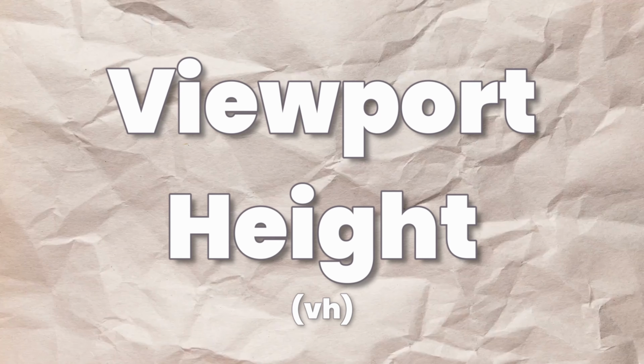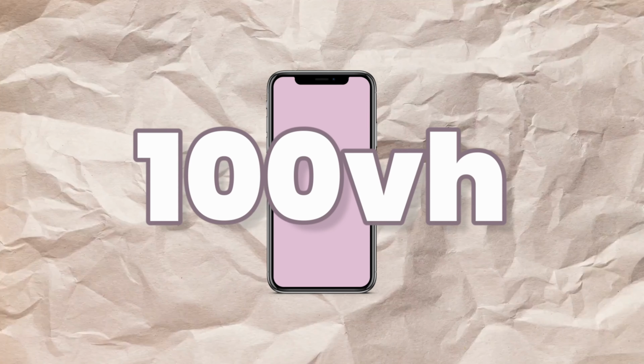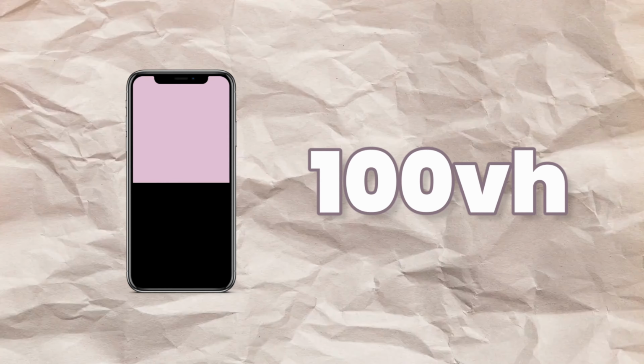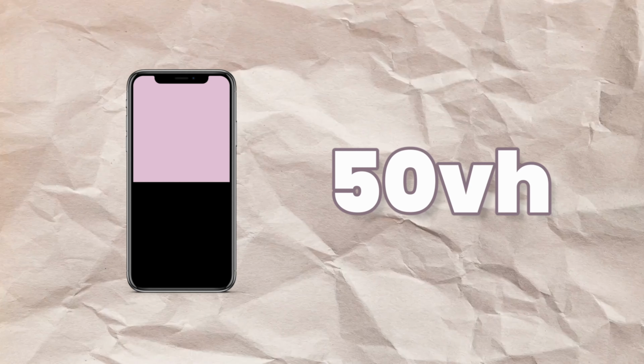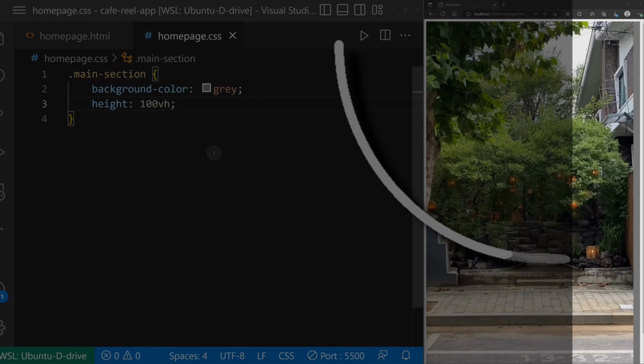Some people call the screen or window the viewport, and we can make our main section take up a certain amount of the viewport by using viewport height. 100 viewport heights is the entire height of the viewport, and a smaller amount, like 50, is half of the viewport. So we'll write 100 viewport heights here and save it. And now we see our gray main section is taking up the entire screen size.